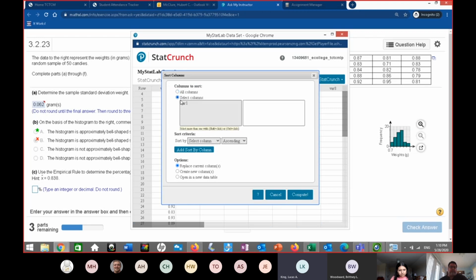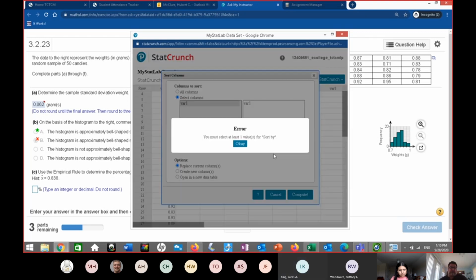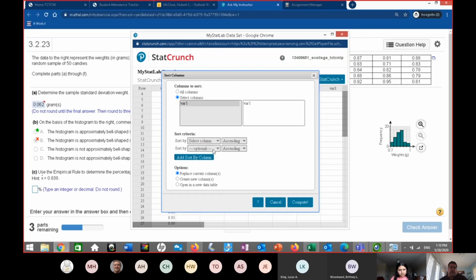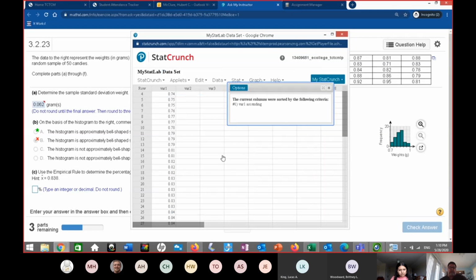Variable, select columns, that variable. And I want to, let's see which way it sorts it. Okay, sort by. Okay, ascending. Look there, it's a miracle. All right, everybody good there?